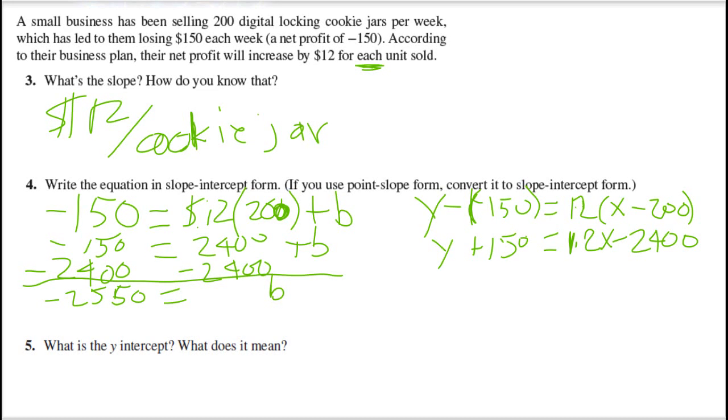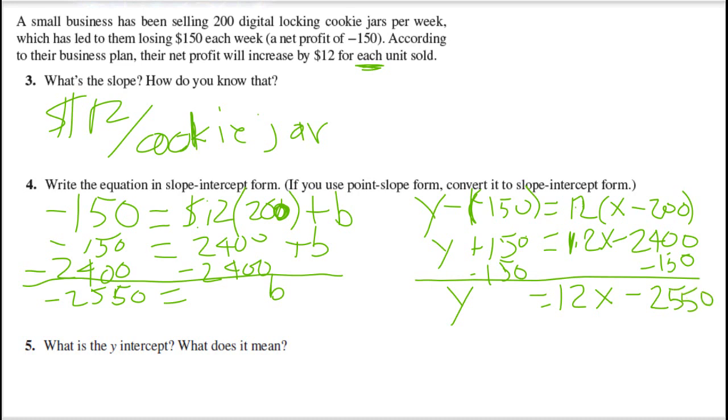Over here, we subtract 150 from both sides because we had our positive. We get y equals 12x minus 2,550.